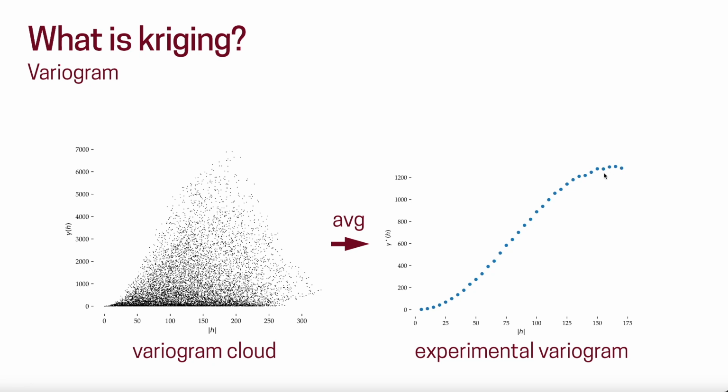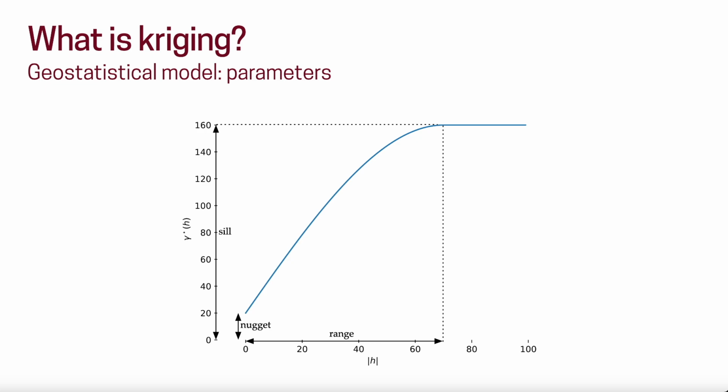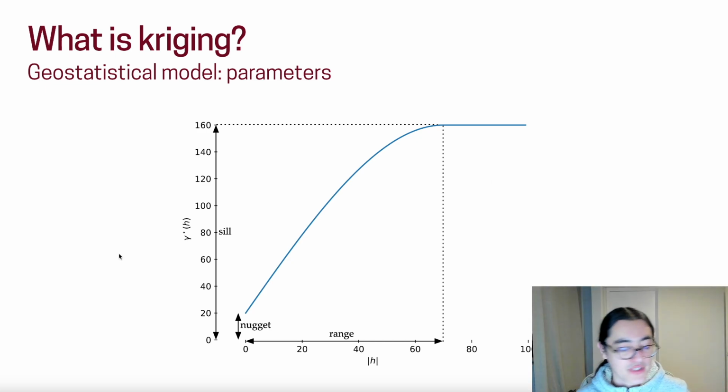Using this experimental variogram, which you created using the input data, you can move on to the next step, which is to create a theoretical model. In order to create a geostatistical model, you can already see certain parameters in the curve that you just saw. The three typical ones used to create the model are called the sill, the nugget, and the range.